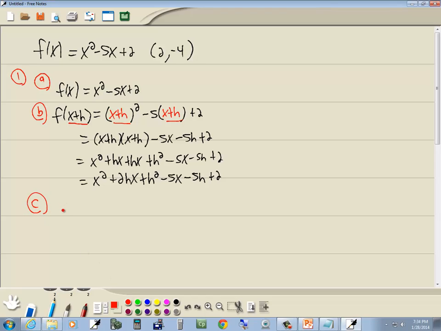Now our third substep, we want to plug that into our formula. f prime is equal to the limit as h goes to 0 of f of x plus h minus f of x all over h.